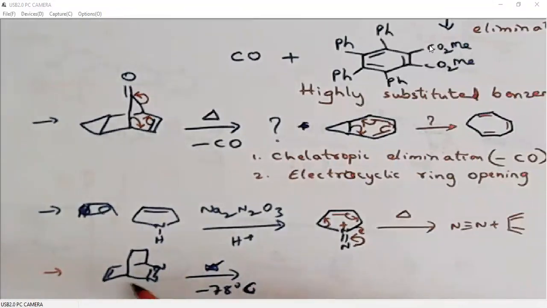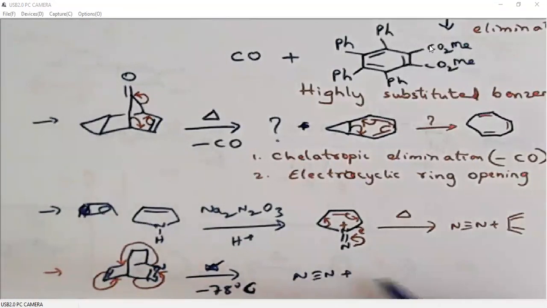What is happening? This bond will polarize. So a nitrogen-nitrogen triple bond will be generated, and this will be polarized like this. So it generates a nitrogen-nitrogen triple bond plus a 6-membered diene, because it has a bridged system.